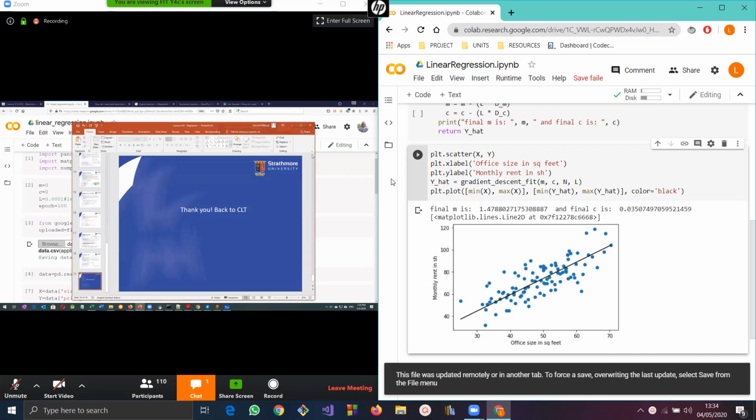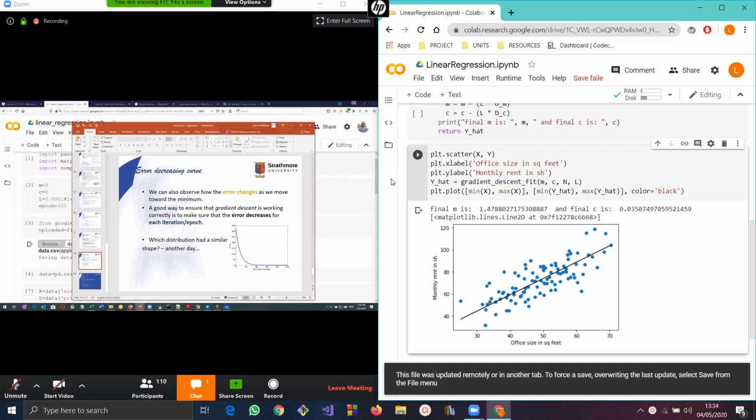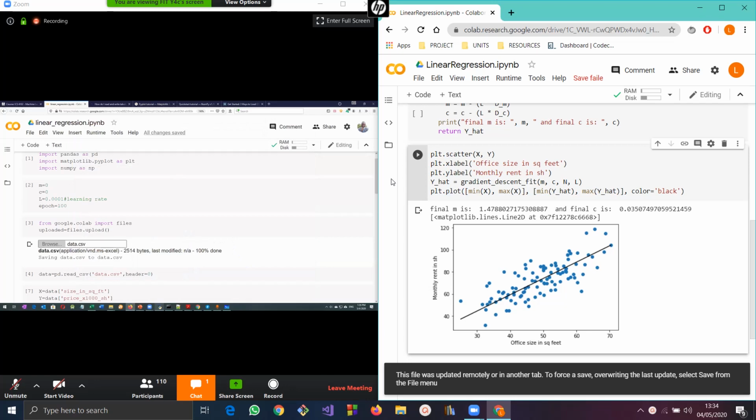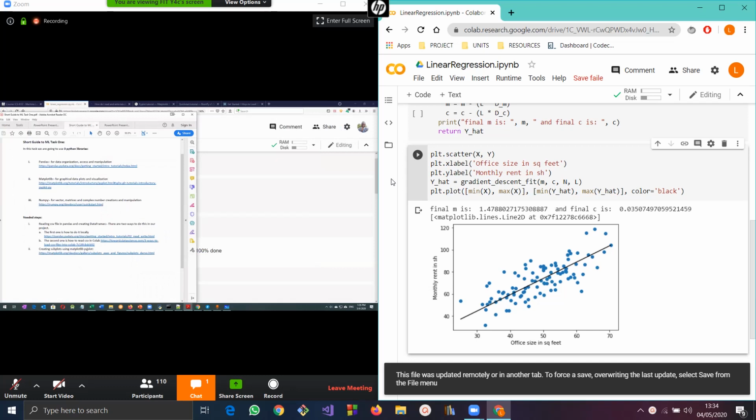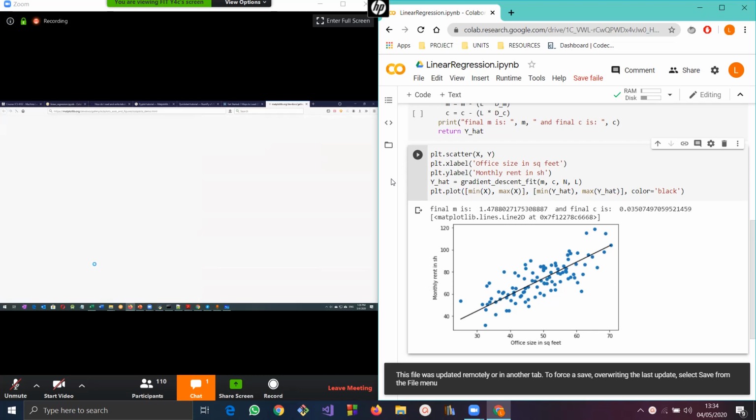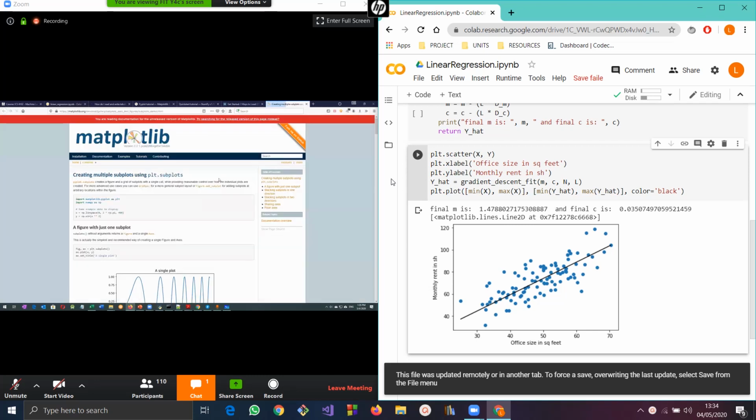I want to plot the line of best fit, and then I want to see how the error is. Was it actually reducing? Good. So to make two plots, that's the final part. Creating subplots using matplotlib. So this is what they have in the documentation, you can click on it and open it.